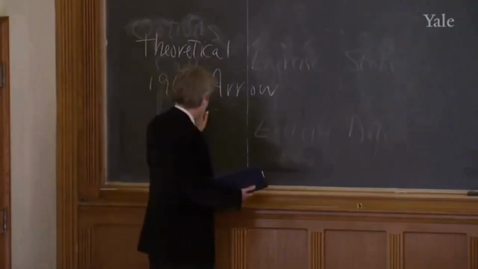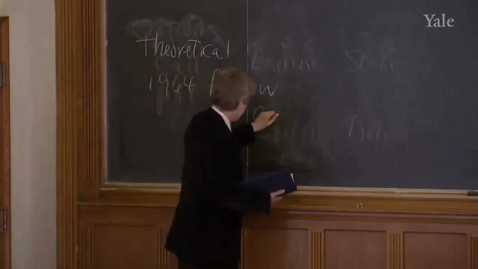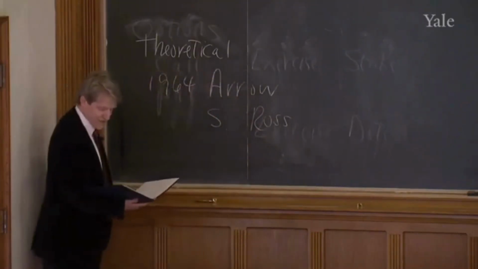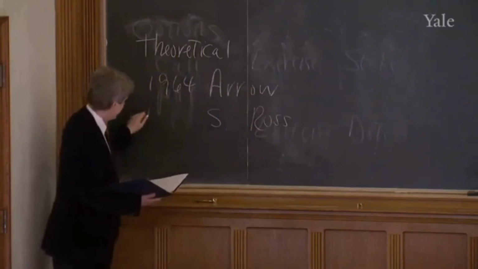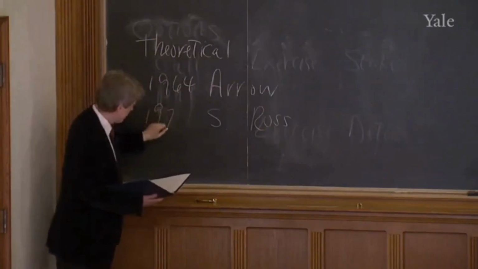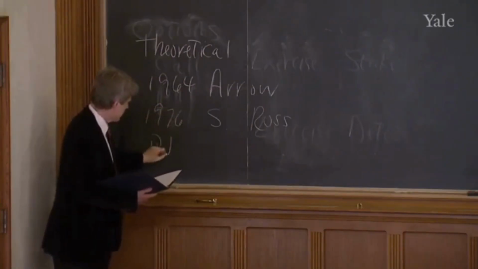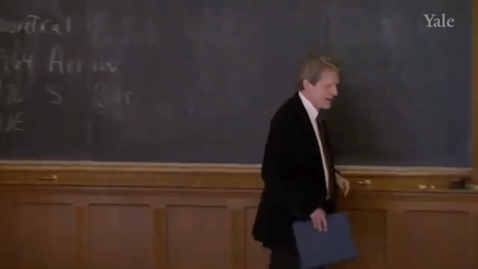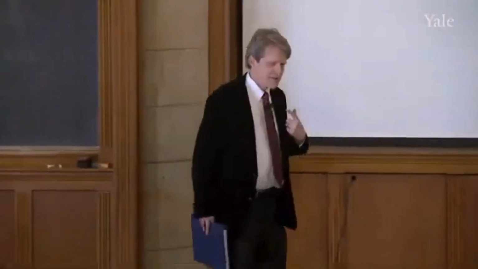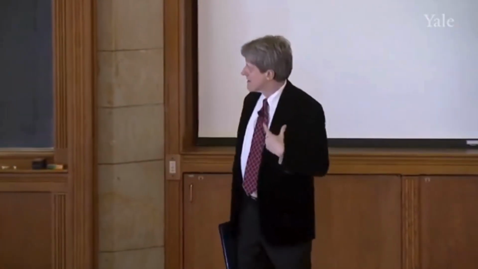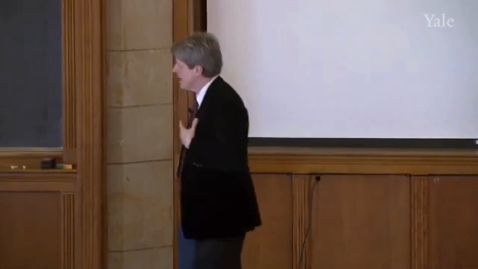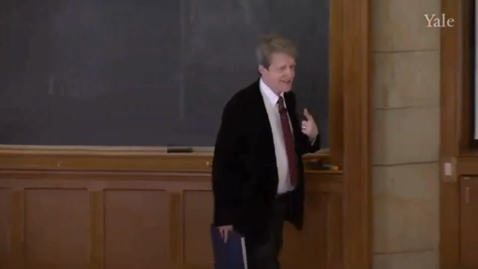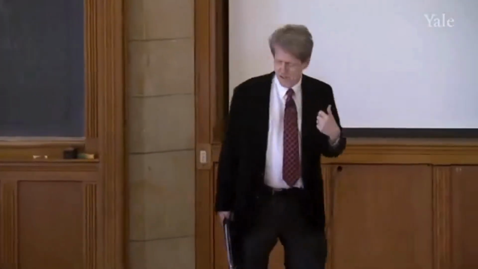Stephen Ross, who used to teach here at Yale, a friend of mine, lives here in New Haven, in 1976 in the Quarterly Journal of Economics, wrote a classic paper about options, showing that in a sense they complete the state space. They create prices for everything that affects decision making.